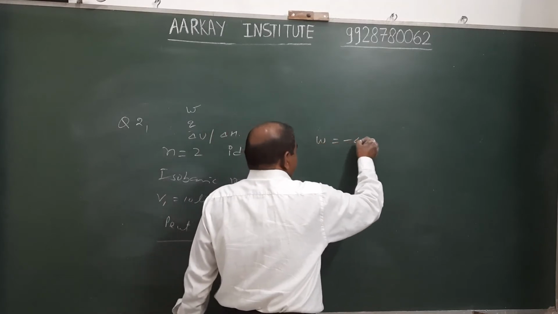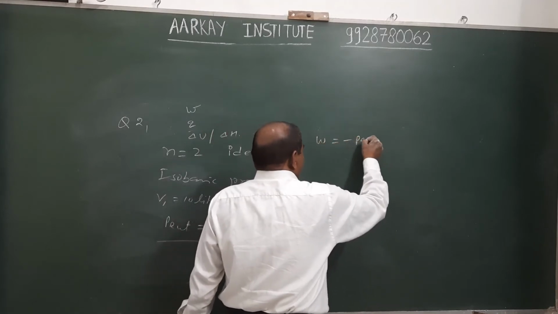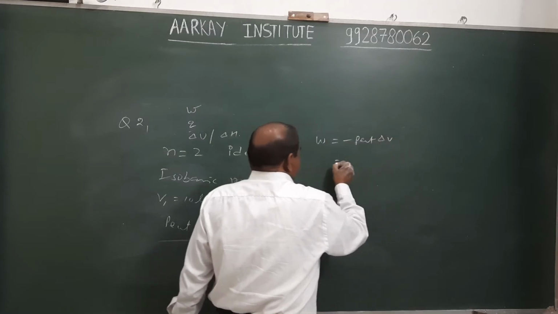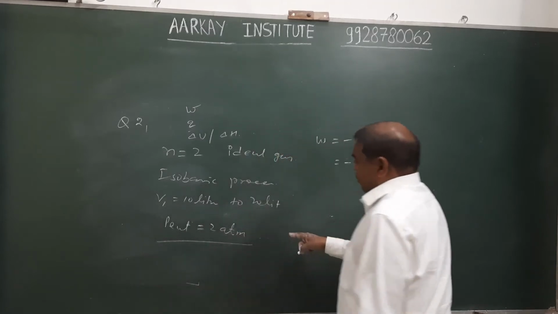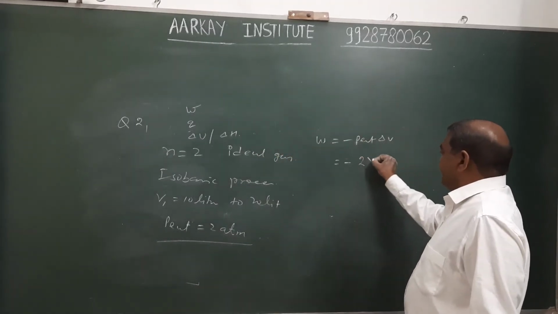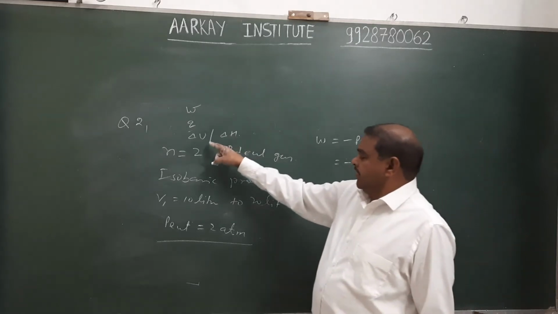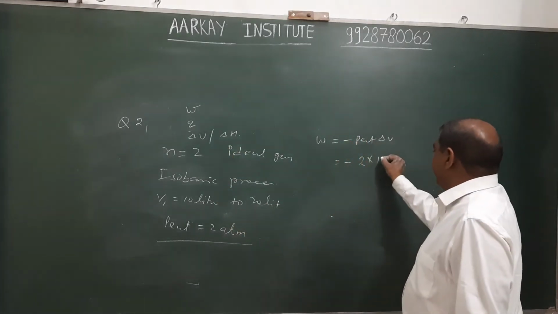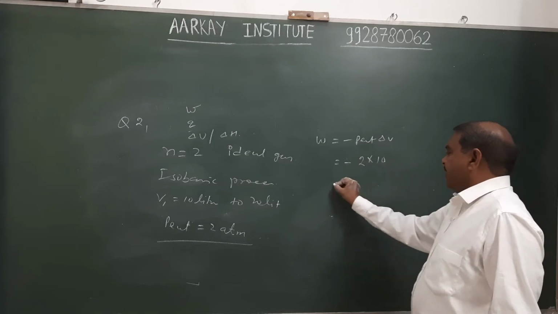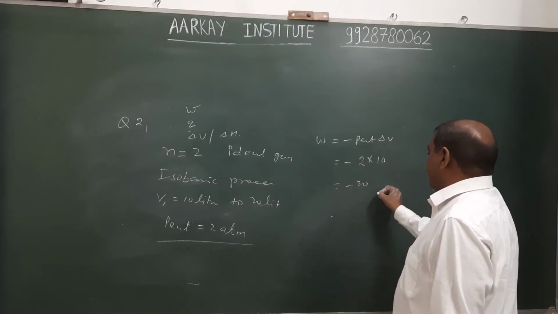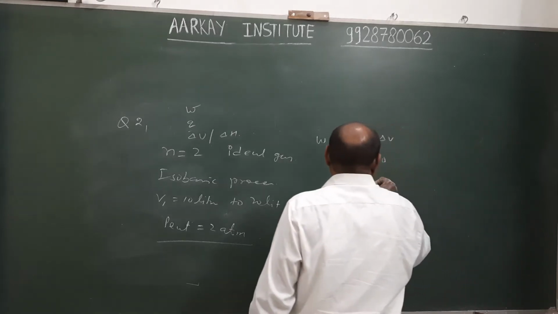W equals minus P external times change in volume. P external is given as 2 atm, and the change in volume is 10 liter, therefore the work involved in this process is 20 liter atm.